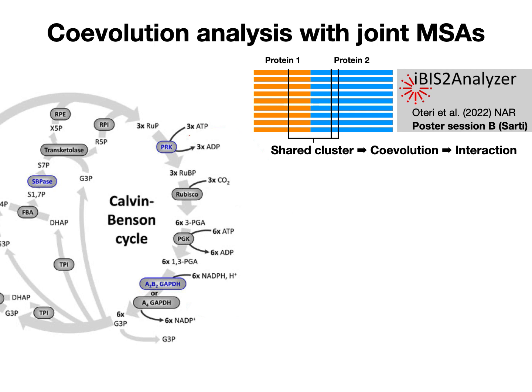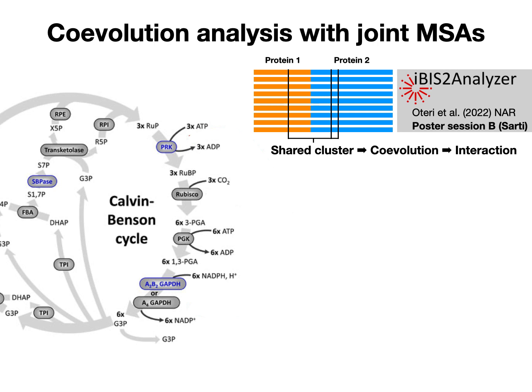For doing this, we need to build a joint multiple sequence alignment starting from the MSAs of the two chosen proteins, and then to use one of the many state-of-the-art algorithms for finding clusters of co-evolving residues across the two joined parts of the alignment.